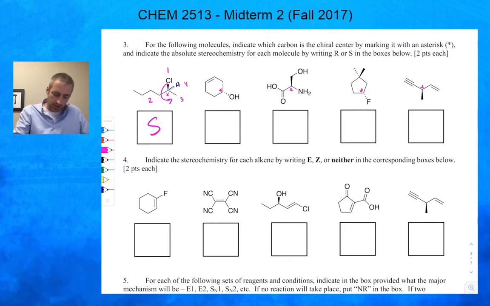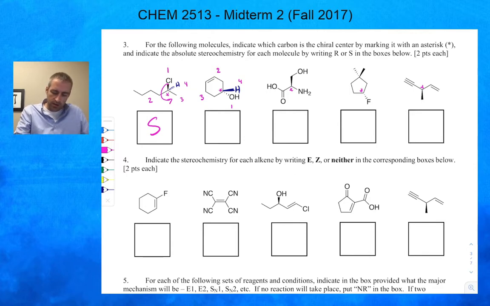Next one, we have a hydrogen here that's in front. And ranking priorities, you're going to have 1 for the oxygen, 2 for the side of the ring that has the double bond, 3 for the side of the ring that does not have the double bond, and 4 for hydrogen. So putting the lower priority group in the back, you can see right now that the way it's drawn has the lowest priority group in the front.